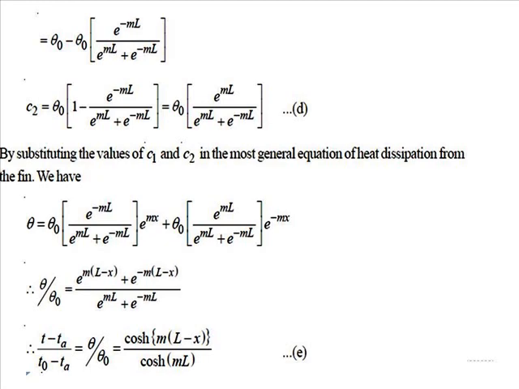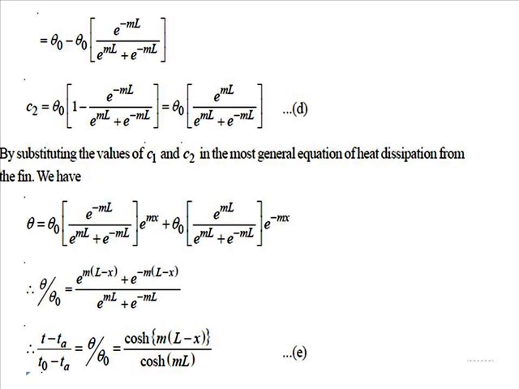So friend, you can see the values of C1 and C2 are available in the form of equations C and D. And now we have to put the values of C1 and C2 into the most general equation.